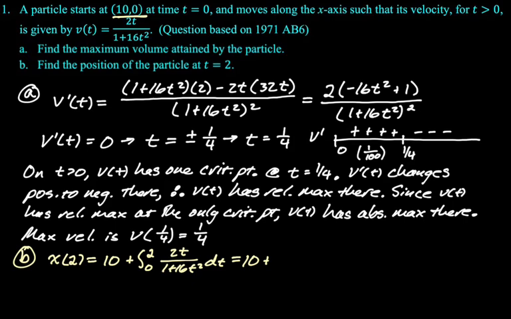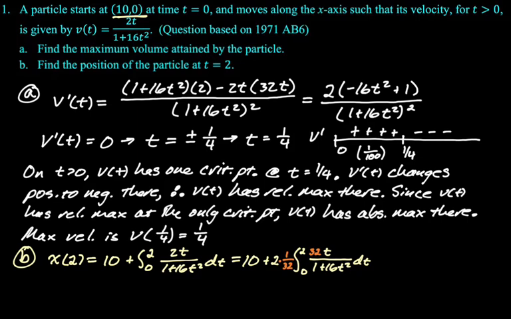It's going to be the integral from 0 to 2 again. I've taken out the 2, so 2 times the integral from 0 to 2 of t over 1 plus 16t squared. By the chain rule, there should be a 32 in the numerator there. So I'm going to put a 32 in the numerator and 1 over 32 outside, and now I can integrate 32t over 1 plus 16t squared just by u-substitution. It's a natural log.